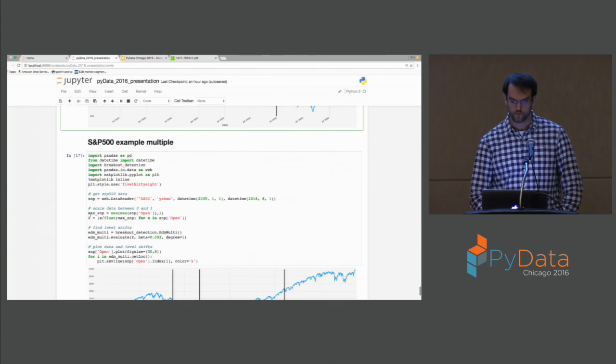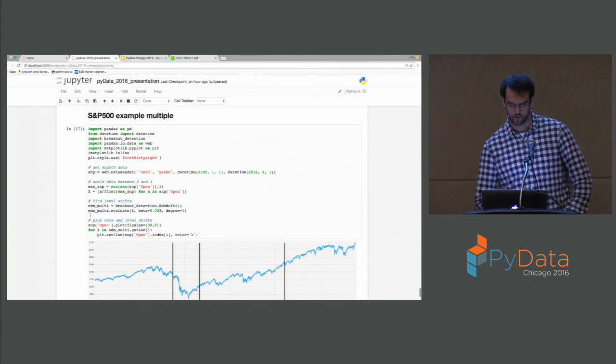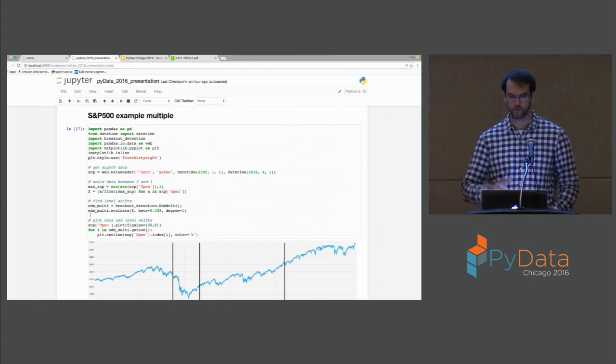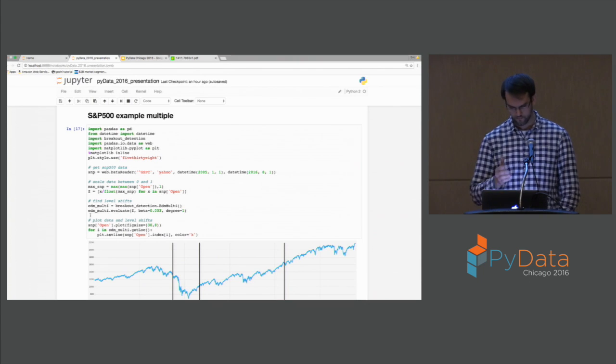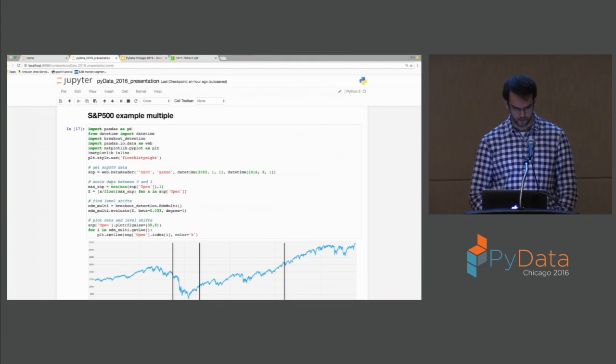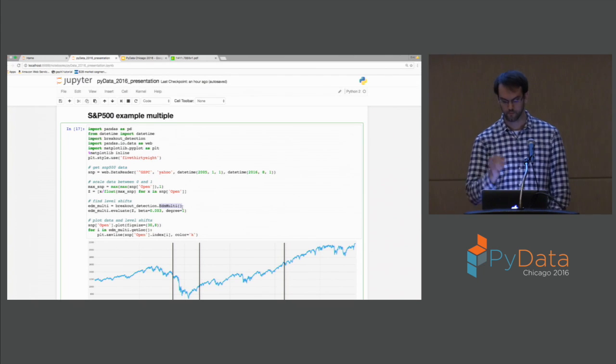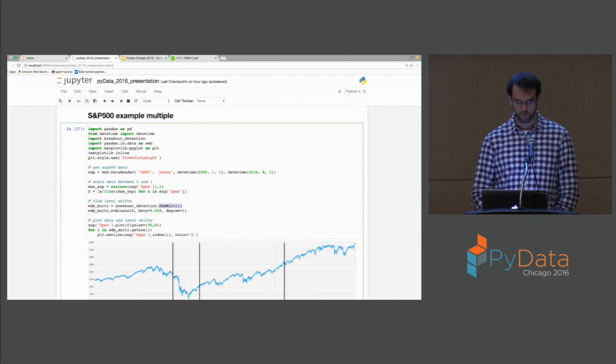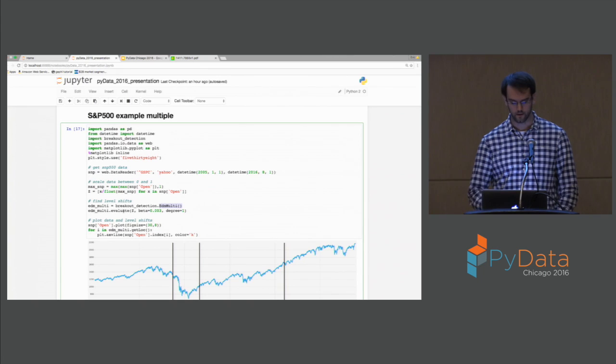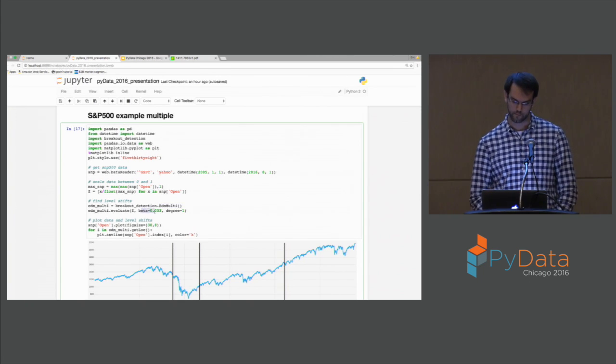They do have another algorithm implemented where you can detect multiple breakouts in a time series, and it's used in a similar way, except it's called EDM multi. So EDM multi will detect multiple breakouts, and in the evaluate function, you have two parameters to worry about: beta and degree.